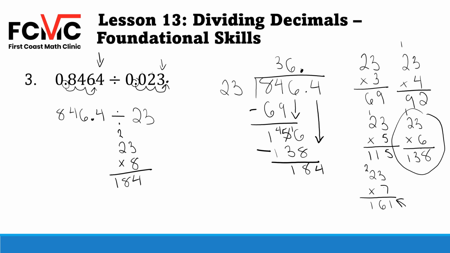Put the decimal, bring up that decimal. Remember to bring up the decimal here when we're doing this. So put the 8 in my answer. 184. Subtract. So my answer is going to be 36.8 for our answer. Okay.